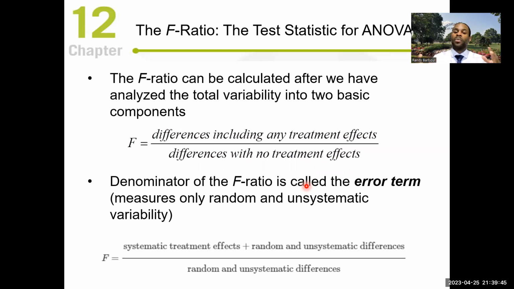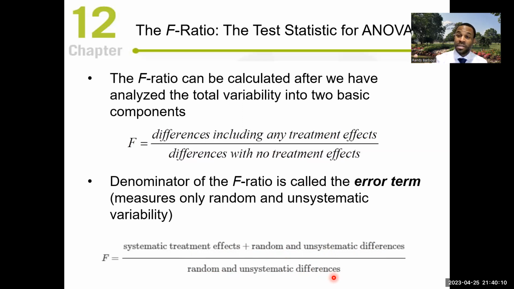Because when we look at the factors that contribute to that variance, you have the systematic treatment effects, as you can see here, and then you have the random and unsystematic differences. In the denominator, all you have is the random and unsystematic differences. And that is attributed to those individual differences.